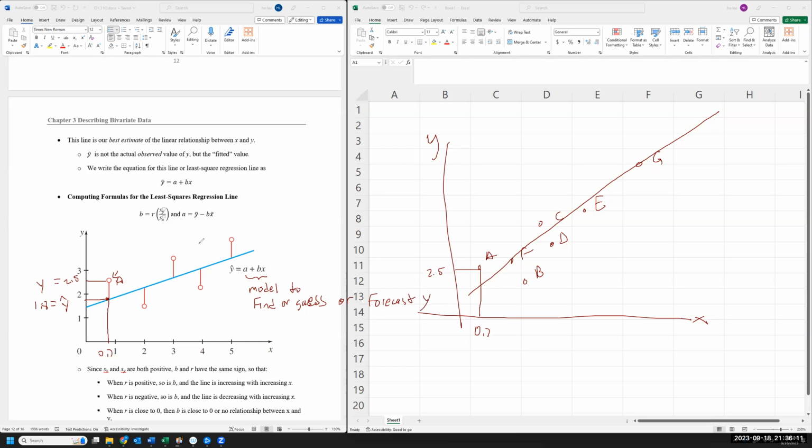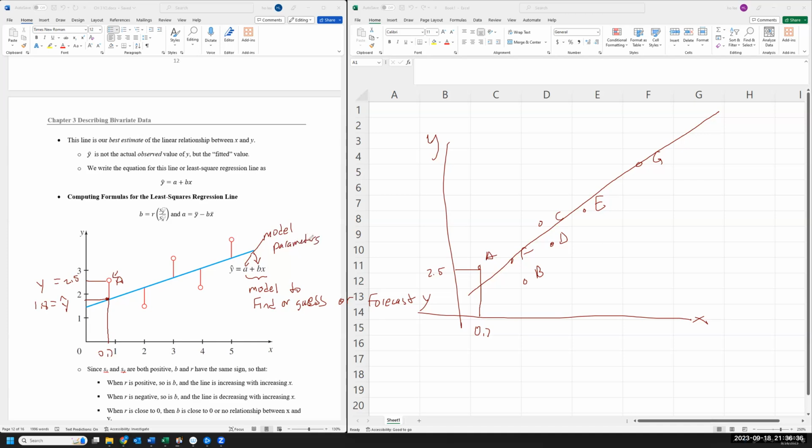Okay, this is the model we're going to establish to kind of forecast y. That's what a linear trend line does, is it tries to forecast y given we have x. Okay, and a and b is our quote unquote model parameters. That's basically our model.